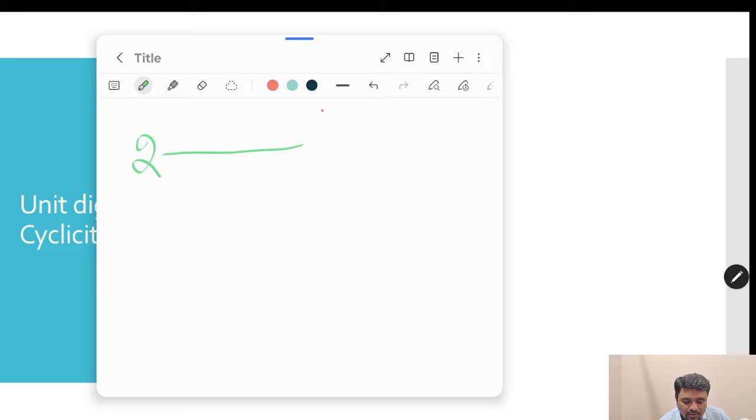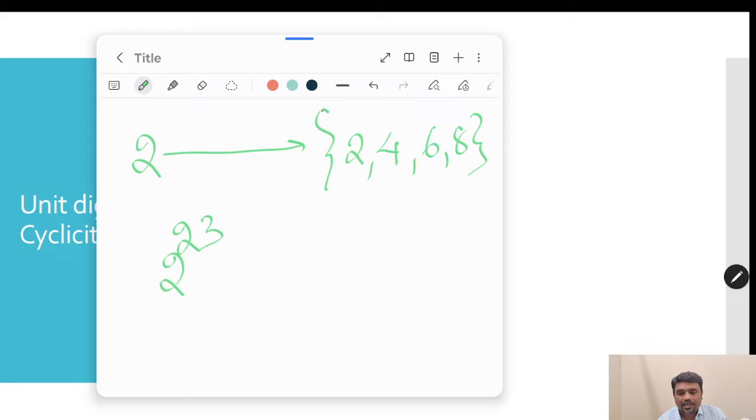So the cyclicity of 2 is 2, 4, 8, 6. 2 power of 5, again 2. 2 power of 6, 4. 2 power of 7, 8. 2 power of 8, 6. 2 power of 9, once again 2. 2 power of 10, 4. Unit place. 2 power of 11, 8. 2 power of 12, 6. And it goes on. So here my question is about 2 power of 23. I want to find out the unit place of this number.